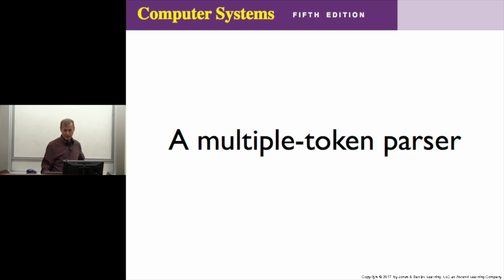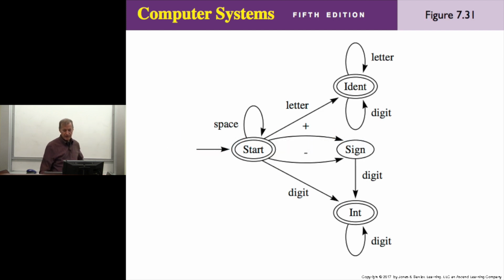As you recall yesterday, we saw in figure 7.31 this multiple token recognizer, this multiple token parser. Now, if you terminate in the start state, which token have you recognized?